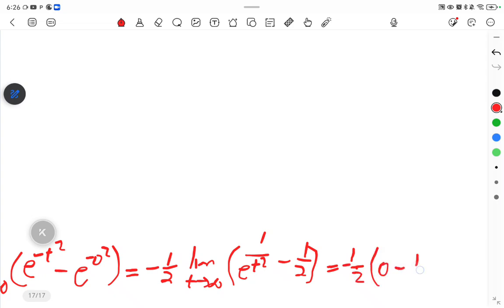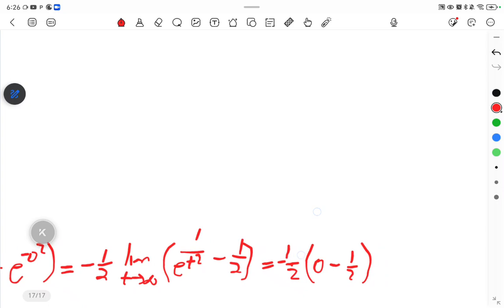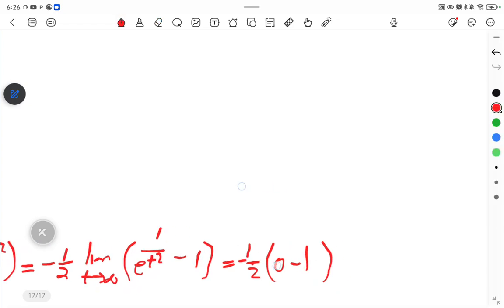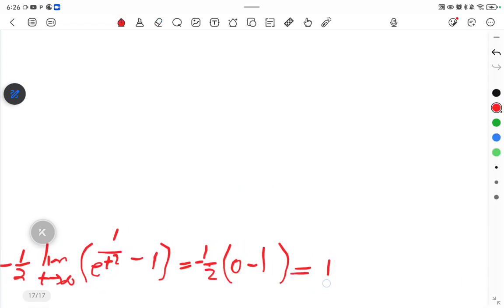Is it 0? No, this one is 1 now. E to the 0 is 1. I'd get this, and this would become what? 1 over 2. You see, right?